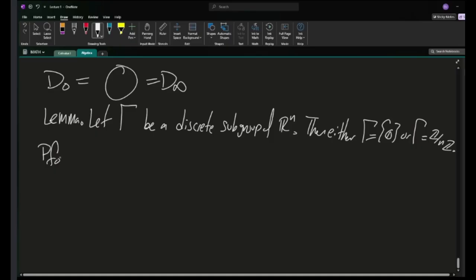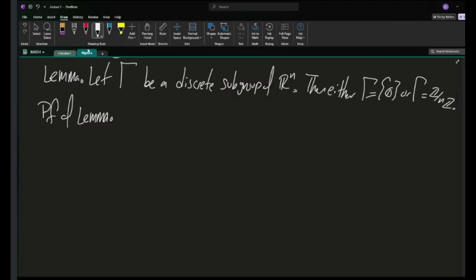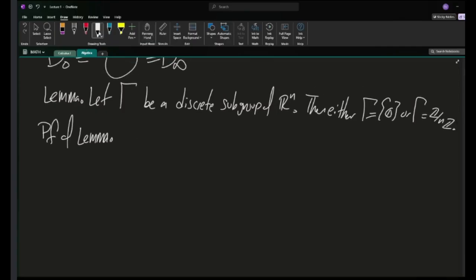The proof of that. Subgroup that's discrete. Wait, what? What's a discrete subgroup? Discrete literally just means finite.